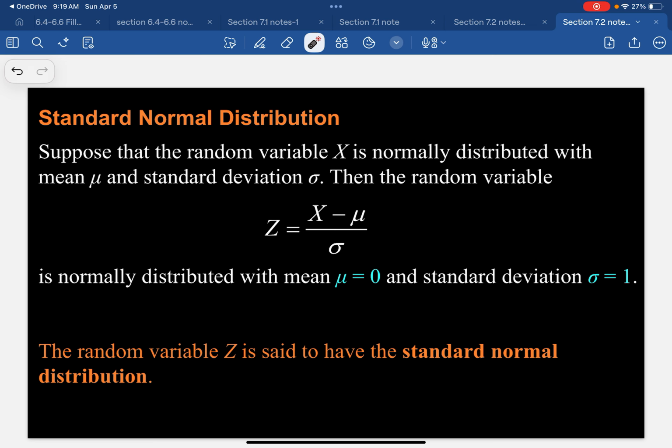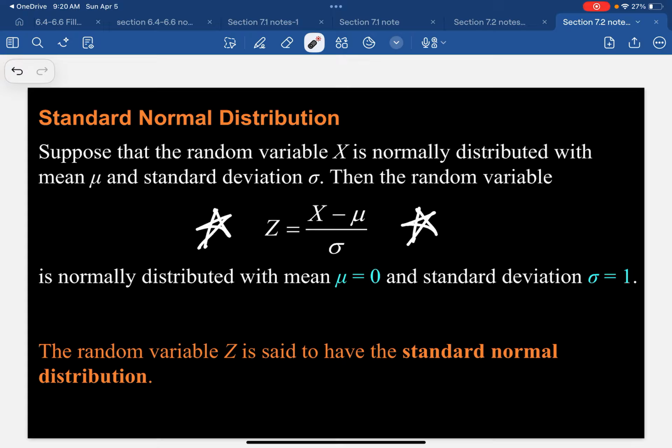What I have shown you in the last slide is written here, so let's talk about that. The definition of standard normal distribution. Suppose that the random variable x is normally distributed with any mean mu and any standard deviation sigma, right? Then when we use the conversion formula, z equals x minus mu over sigma, that will be called the standard normal distribution, right?